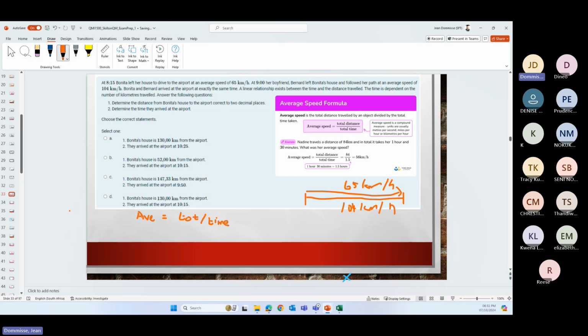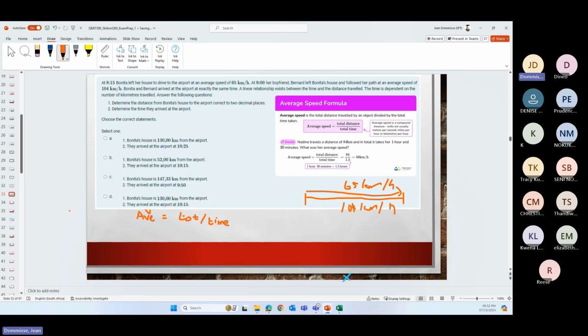So we've got the average speed for the one person, and we've got the average speed for the other person. We know that the total is the same. So can we get to the time component?